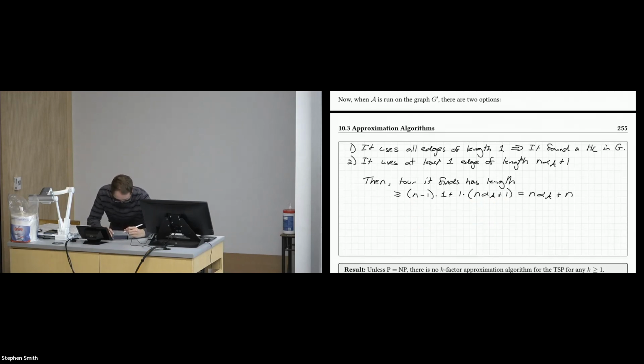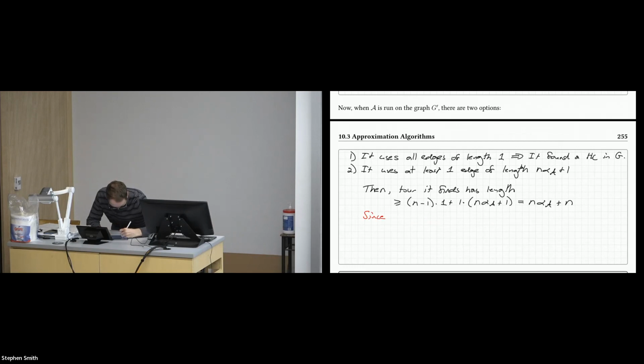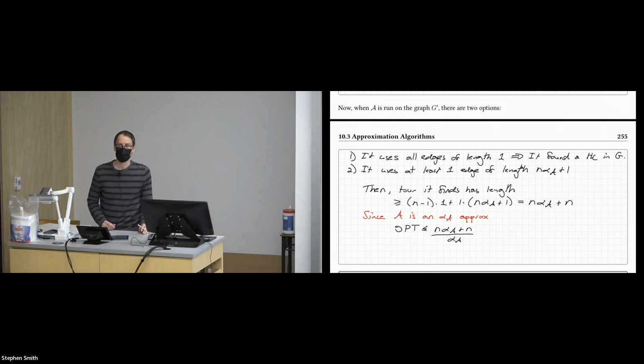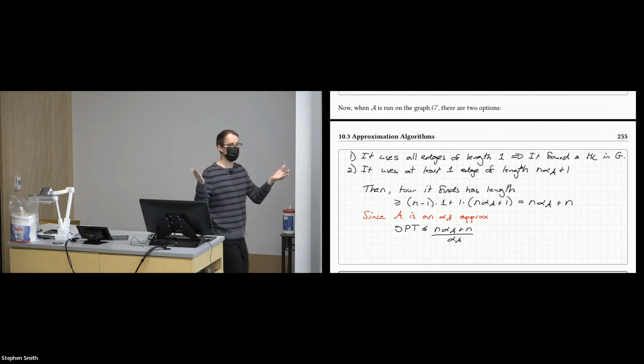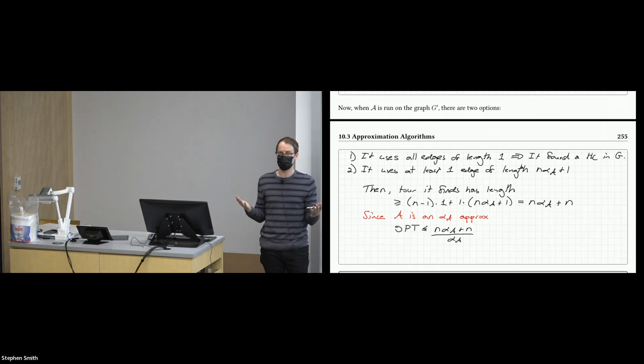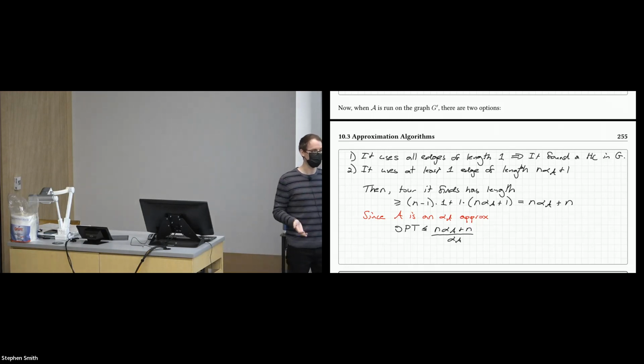Now, since A is an alpha A approximation, by the definition of an alpha approximation, it always outputs a tour that's no more than alpha A times the optimal.